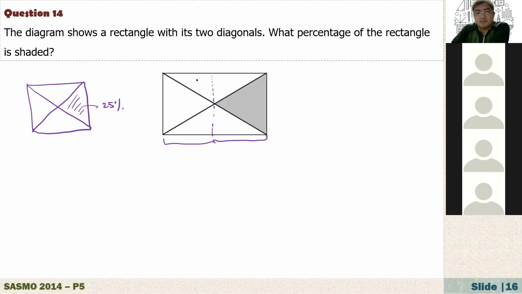Okay, if this one is A, this is also A, this also A, this also A. If this is B, also this is B, also this is B, this is also B, right? Now this rectangle, okay, A equals B.